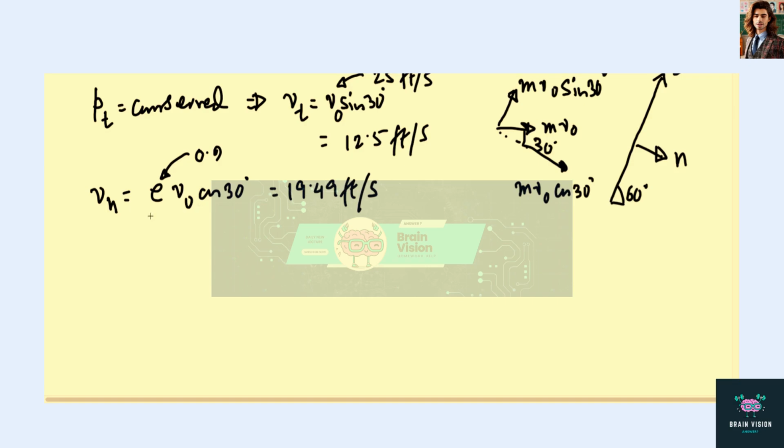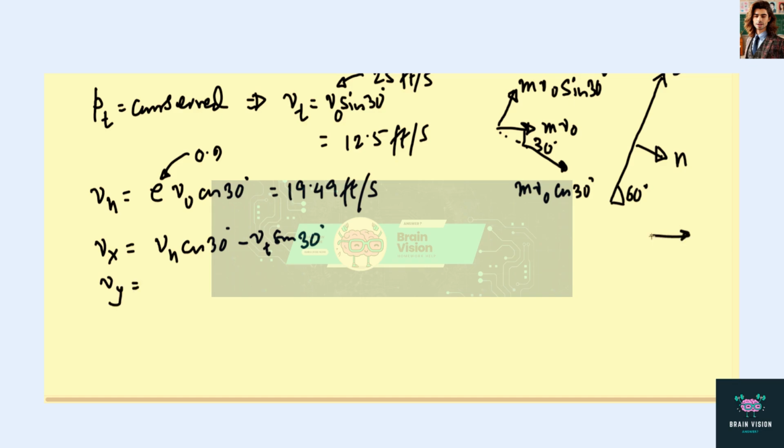Now we should decompose Vt and Vn in the horizontal and the vertical component. So we have Vx equals Vn cosine 30 degree minus Vt sine 30 degree, and Vy equals Vn sine 30 degree plus Vt cosine 30 degree.